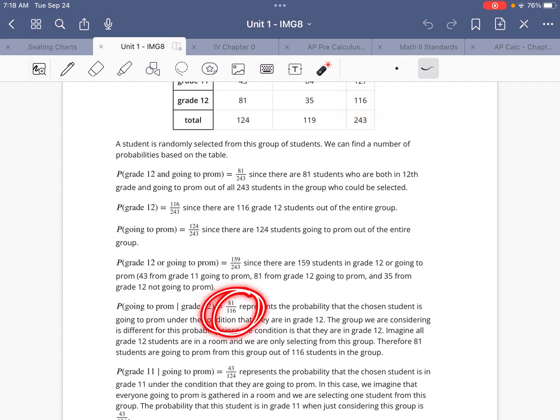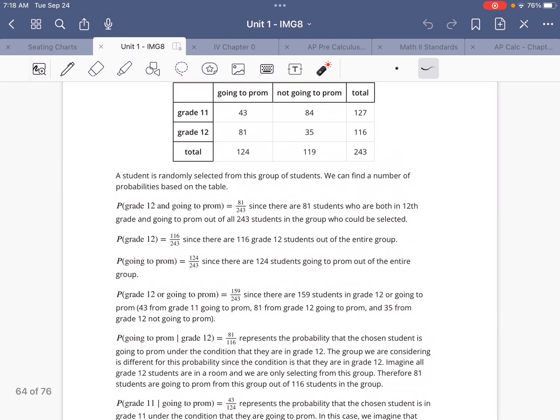And out of those 116 seniors, there's 81 of them going to prom. For the second one, it's the probability of grade 11, given that they're going to prom. Again, my total in this case is the total number going to prom, because we already know it's a student going to prom. So there are 43 out of those 124, and that's how we come up with that.